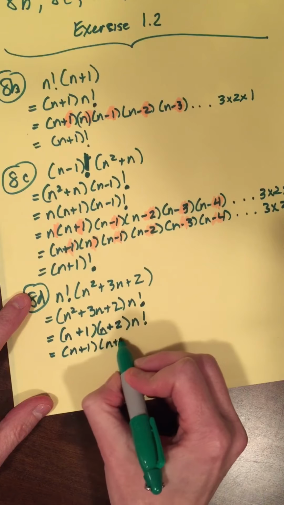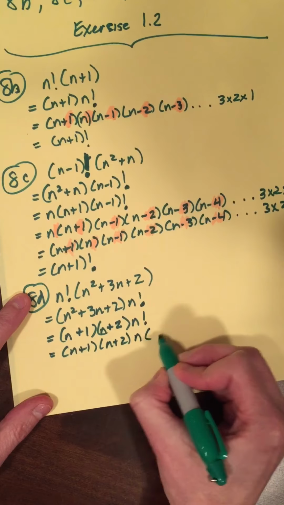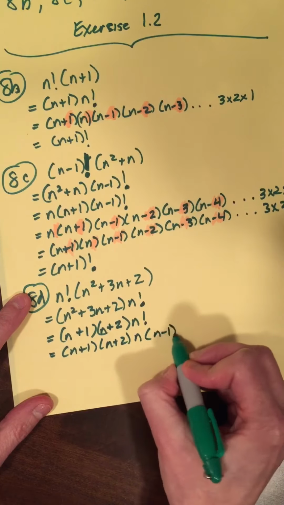I'm going to use my factorial law. N minus 1, n minus 2, n minus 3. Because everything's in brackets, I'm going to put n in brackets, dot, dot, dot, 3 times 2 times 1. Again, take a look at these numbers. They're not in the appropriate order.